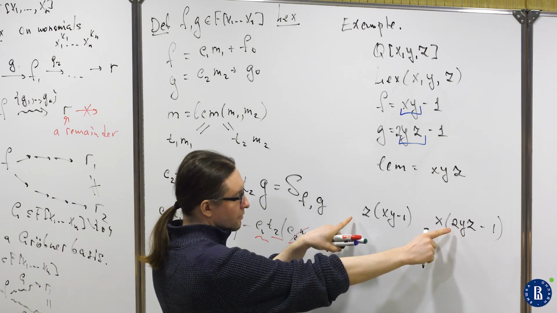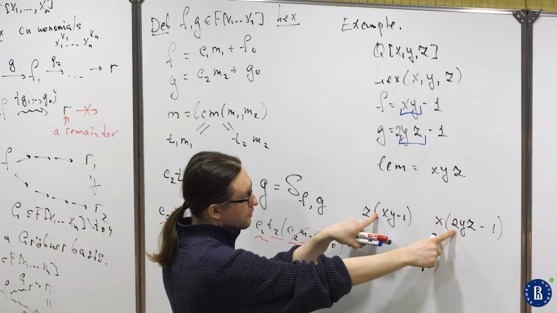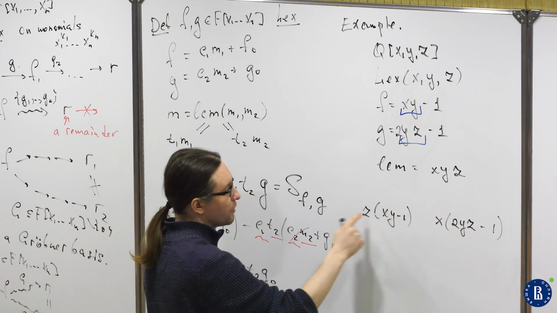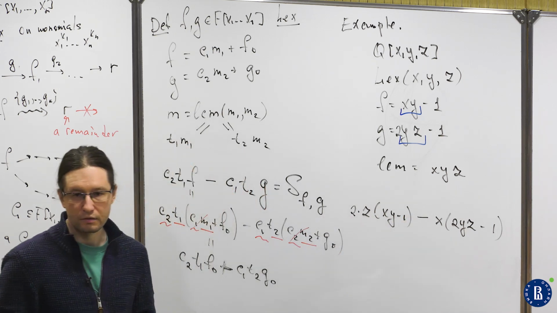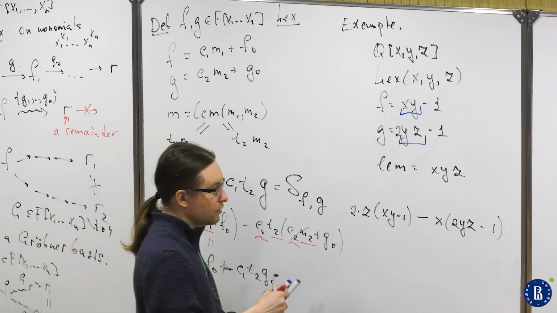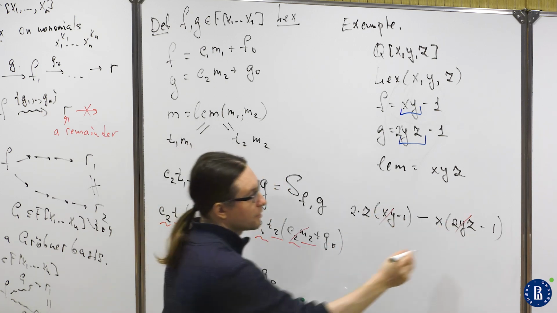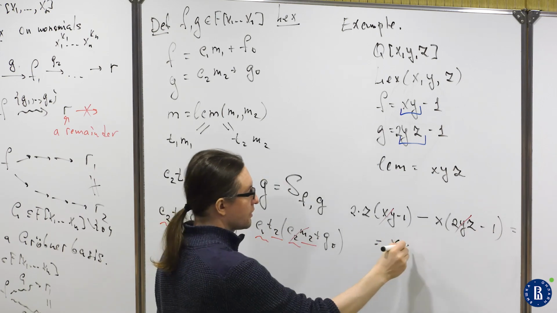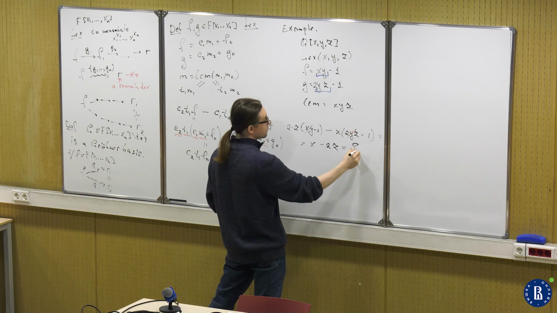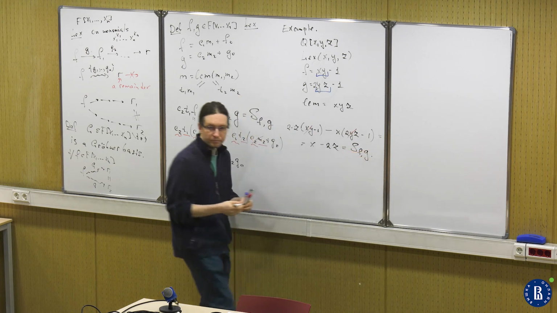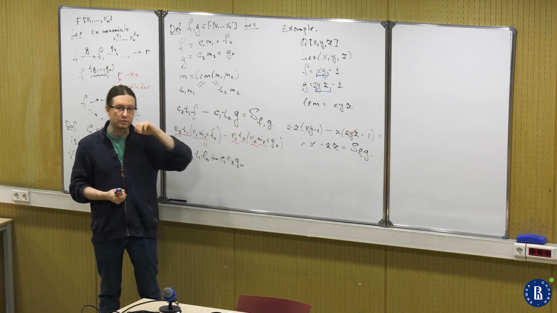Now we need to make the leading coefficients the same. Here the leading coefficient is 2, here the leading coefficient is 1. So we multiply this by 2 and this one by 1. And now we subtract one from the other. These two parts cancel each other, and the result will be x minus 2z. So by definition, this is the S polynomial of f and g. This is how to compute the S polynomial of two polynomials.